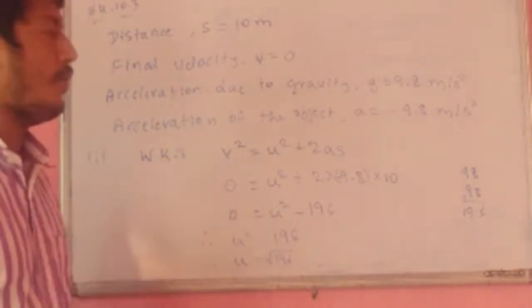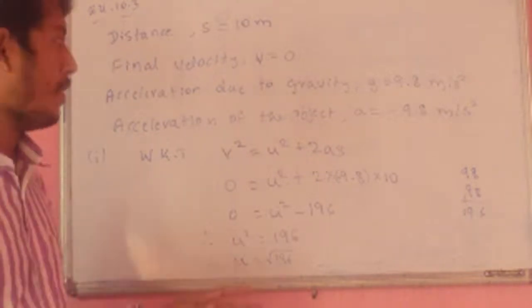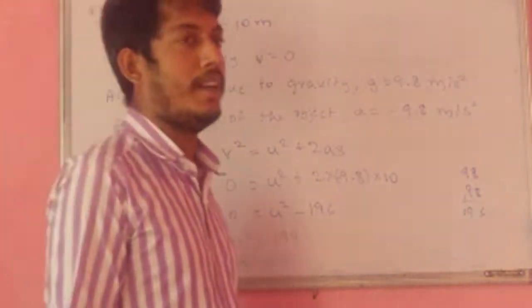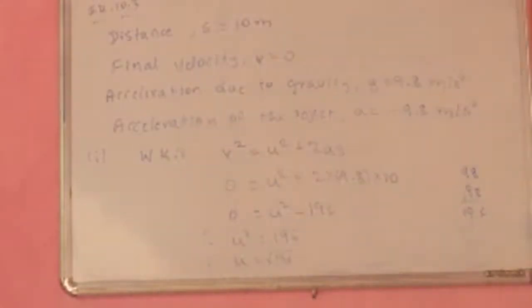Then we know that v square equals u square plus 2as, and when we substitute it becomes u equals square root of 196. So what is the value of square root of 196? It is 14 meter per second. Any other answers?